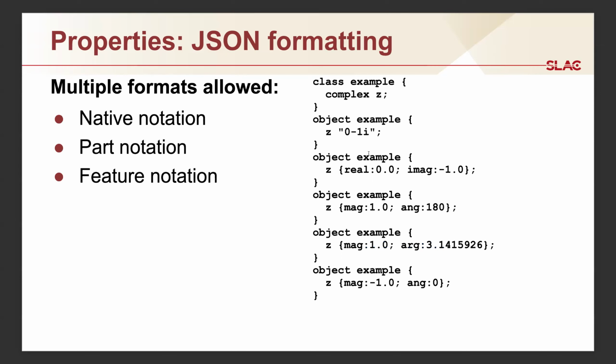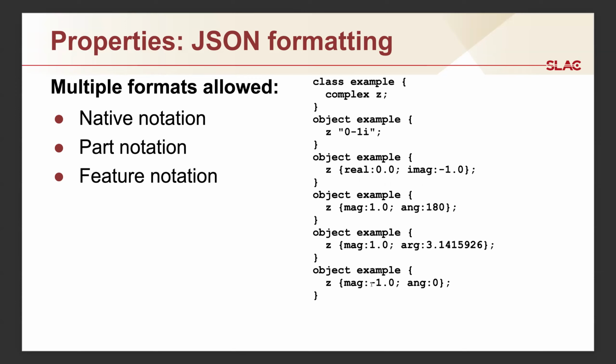You can use JSON formatting for objects. So here, for example, is a complex value z. We can simply set the value of z using a complex number specification, or we can specify the parts. What's interesting is that you don't have to specify the parts as literally the real and imaginary parts. You can also specify them as magnitude and angle, or magnitude and argument, which is the angle in radians.